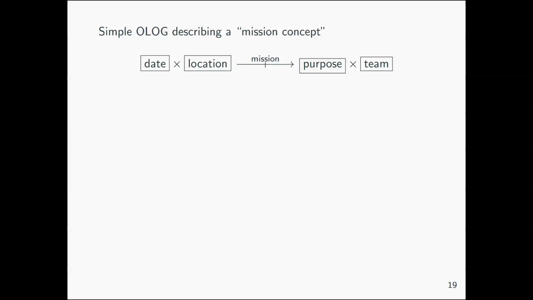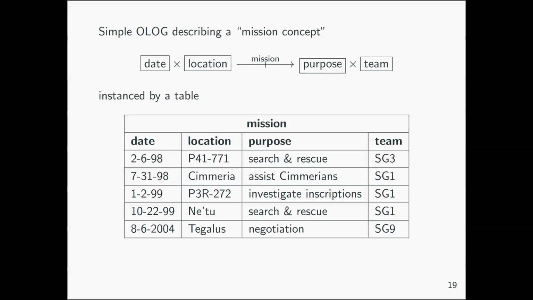So this might elevate mission to some kind of, well, it's a concept, right? But also it's kind of an entity, and it's being tagged with dependency on other concepts. A mission should occur on some date. It should occur somewhere. It should be to some end, and someone can carry it out.